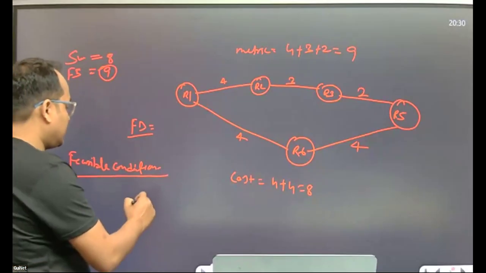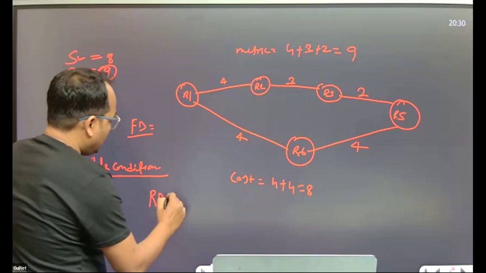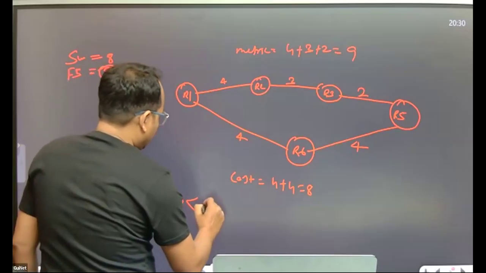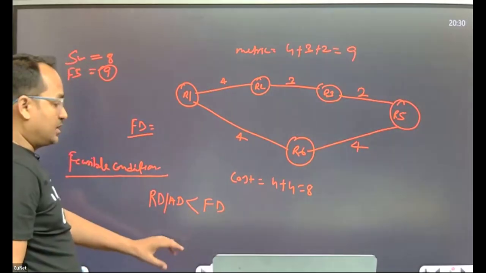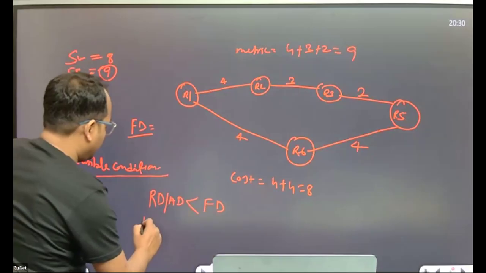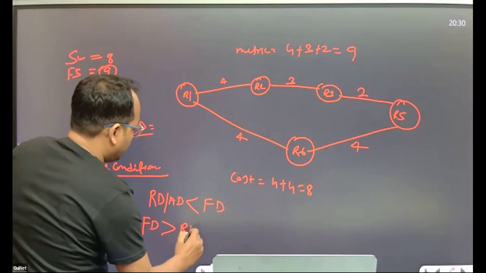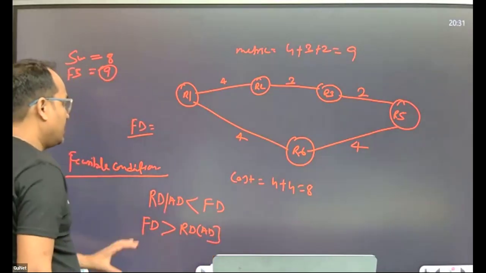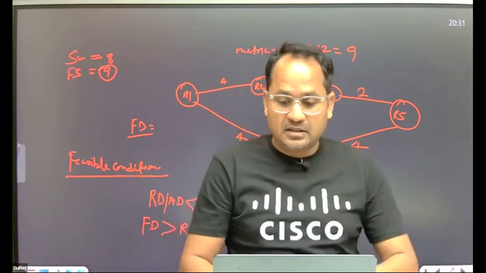And the feasible condition says your RD or AD should always be lower than your FD. This is the feasible condition. Or in another way, FD should always be greater than your reported distance or advertised distance. Both meanings are the same. Then only will it choose your feasible successor.